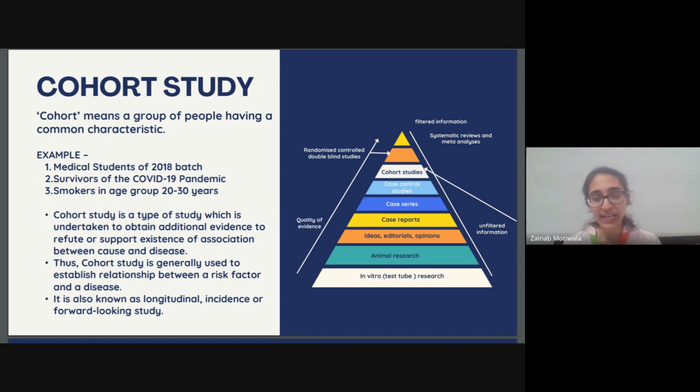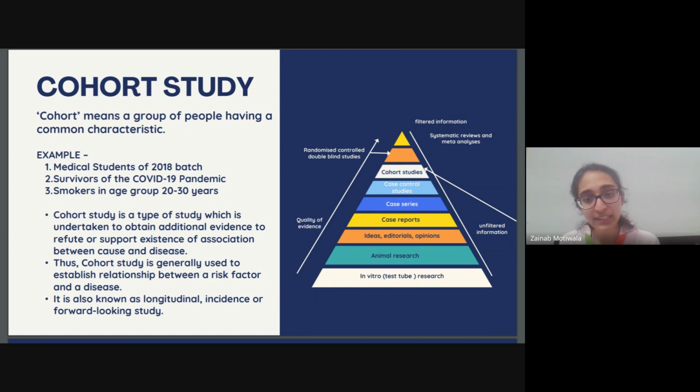Now, on the right-hand side, let's look at this epidemiological study pyramid that we always discuss. On the base of the pyramid, we have studies that have lesser value, like animal research, in vitro research, editorials, opinions. Then we have case reports and case series. Then among all the observational studies, we have cohort, case control, and cross-sectional.